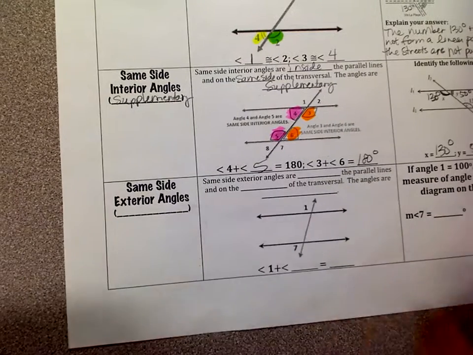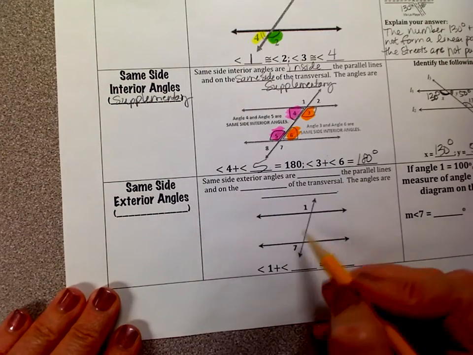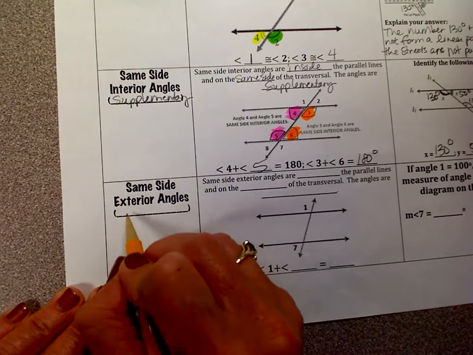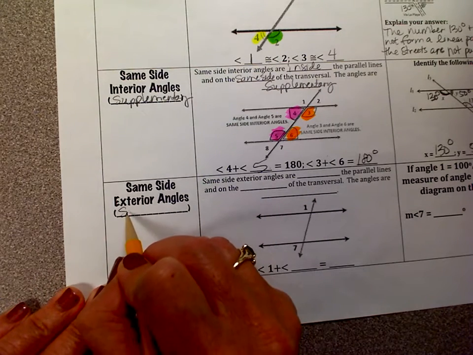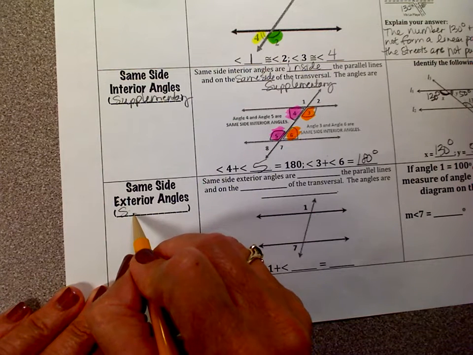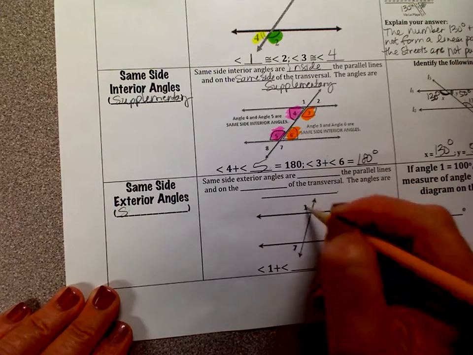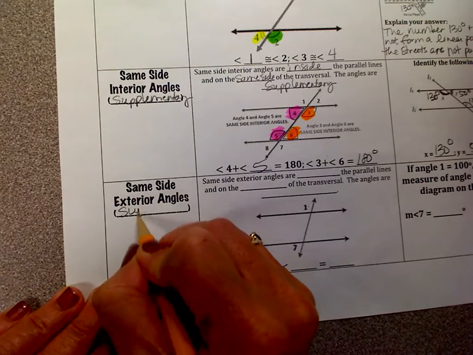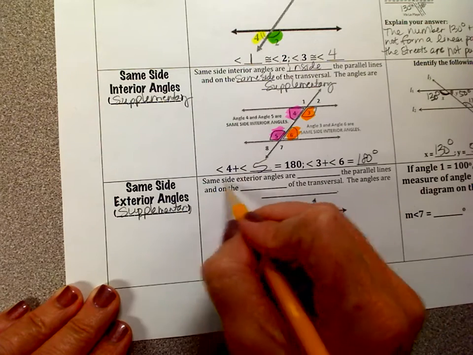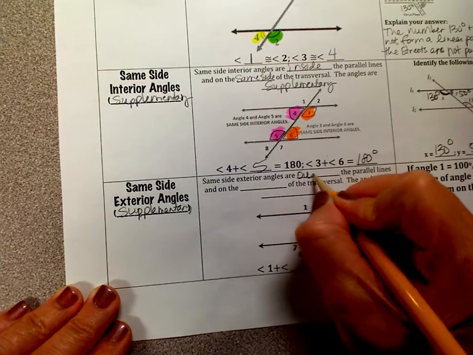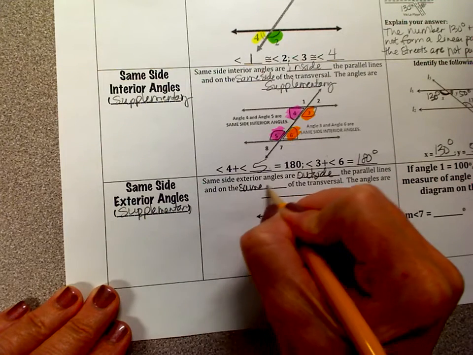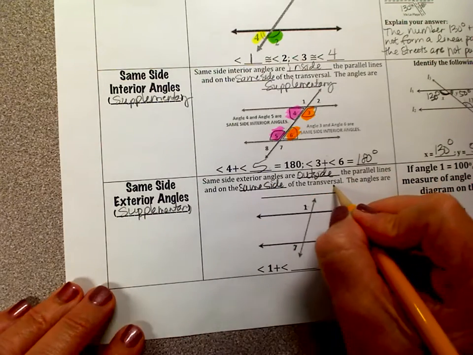Same side exterior angles. Now, same side exterior is also going to be supplementary. Same side exterior angles are outside the parallel lines and on the same side of the transversal.